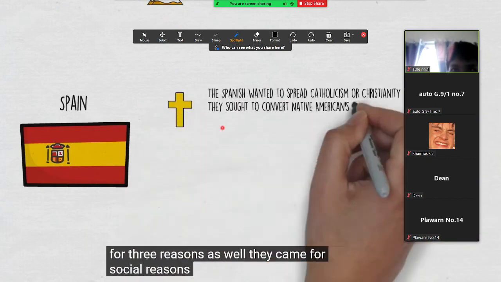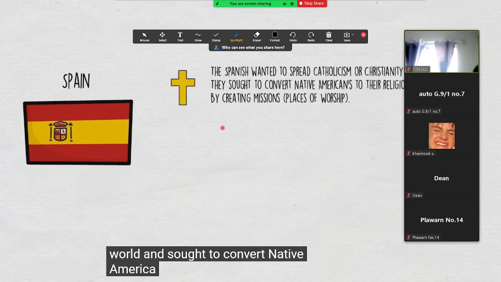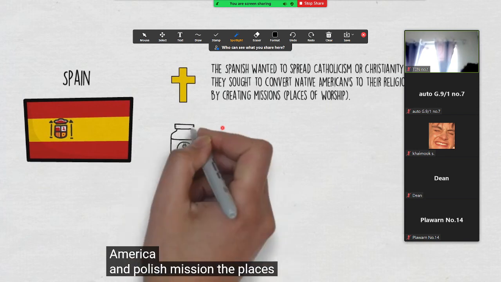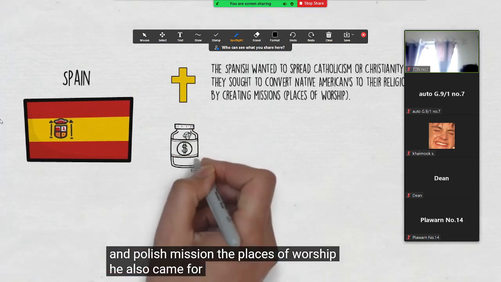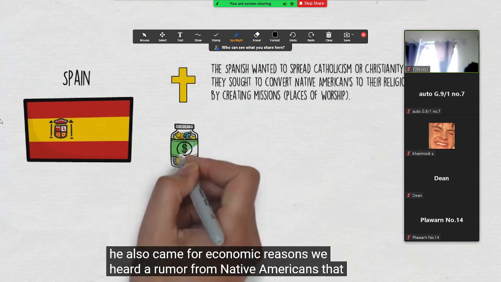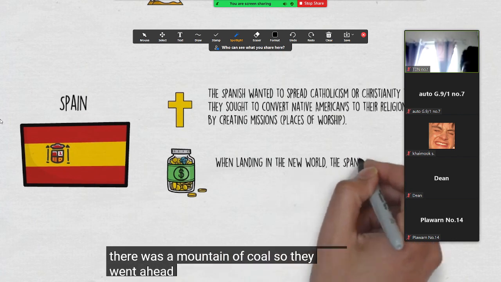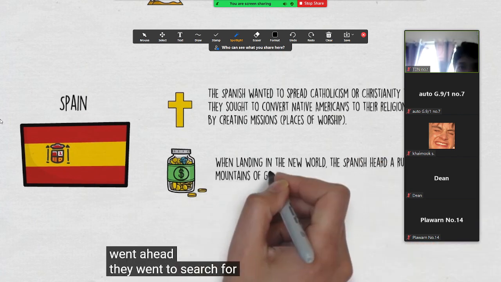They came for social reasons. They wanted to spread Catholicism or Christianity to the New World and sought to convert Native Americans and establish missions or places of worship. They also came for economic reasons. They heard a rumor from Native Americans that there was a mountain of gold, so they went to search for it.